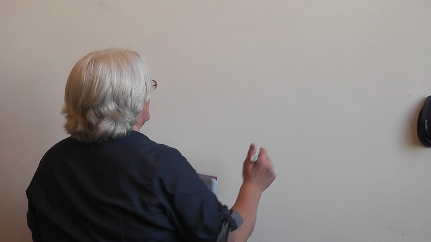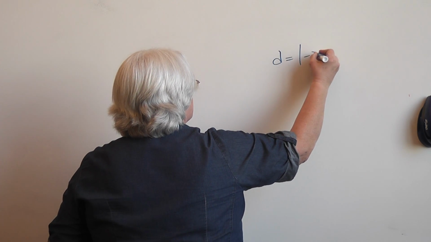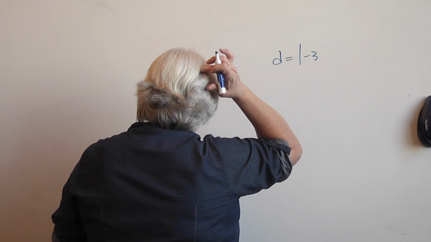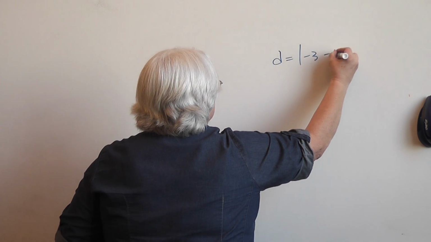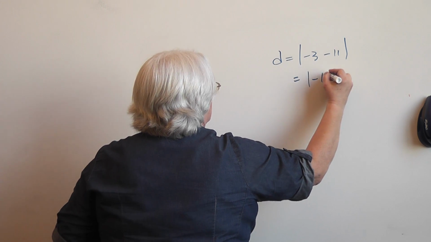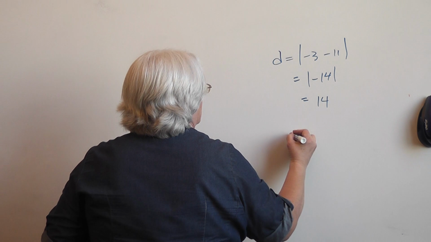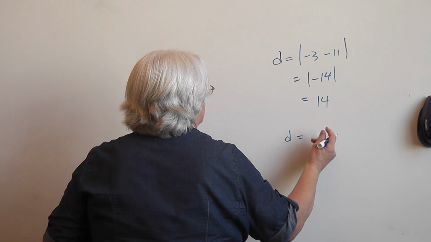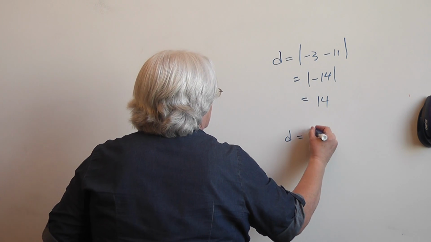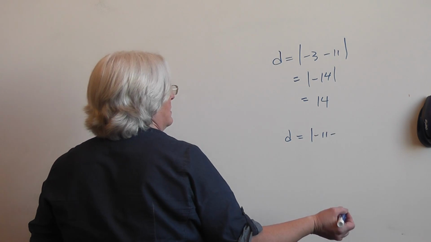So, if you're trying to find the distance between two numbers on the number line, it's always absolute value. Distance is equal to the absolute value of their difference. It doesn't matter which one of those points you put first, whether you have the smaller number or the larger number first.